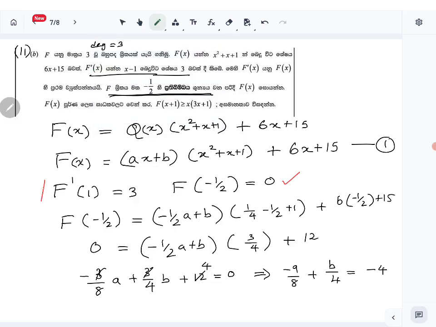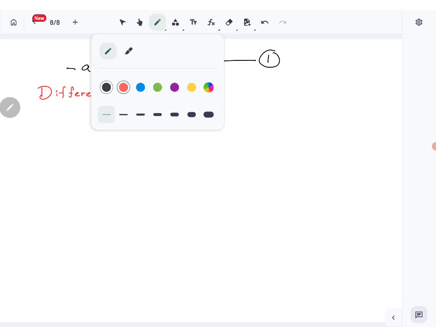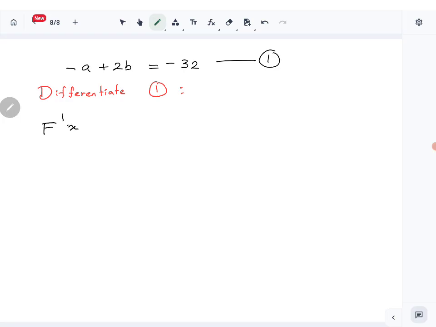So now we have to use this one to create the second equation. We know the derivative value at 1 is equal to 3. So then we will first find the derivative of f(x). So now differentiate equation 1. So then what do we get? f dash x.